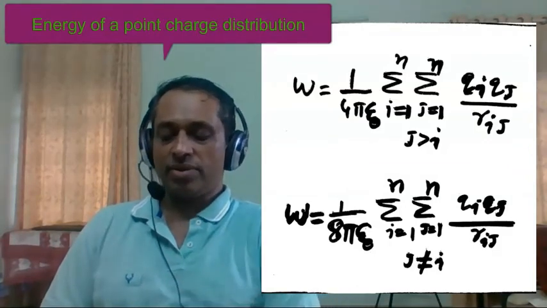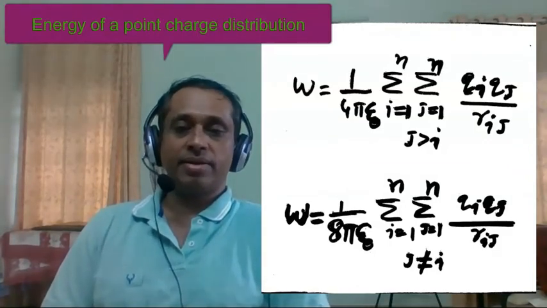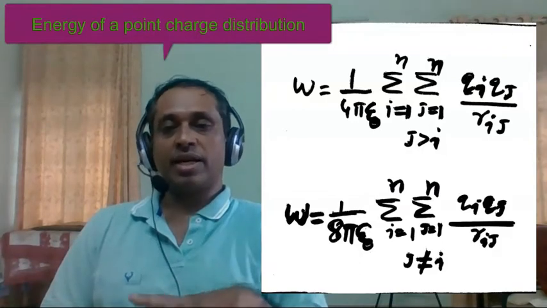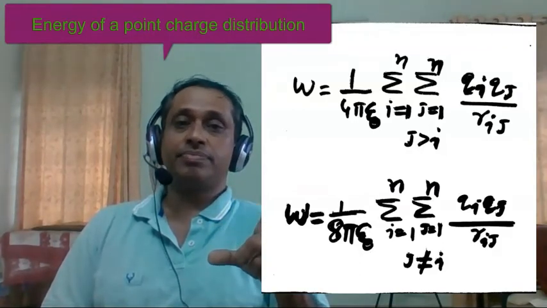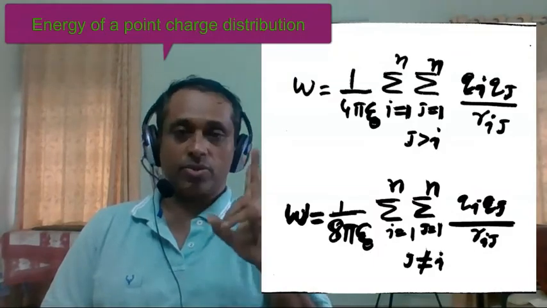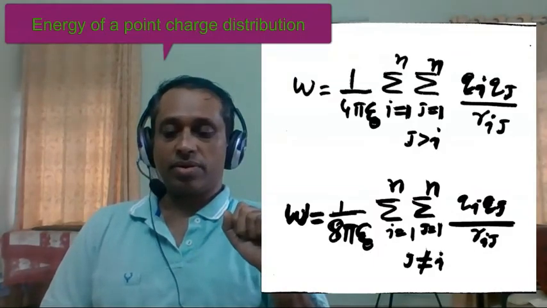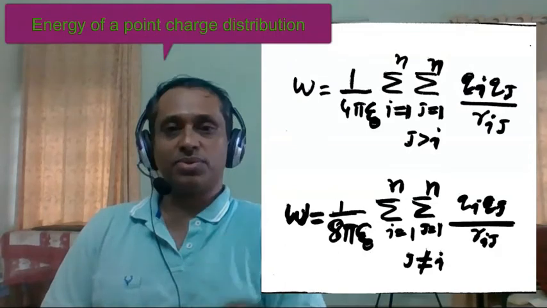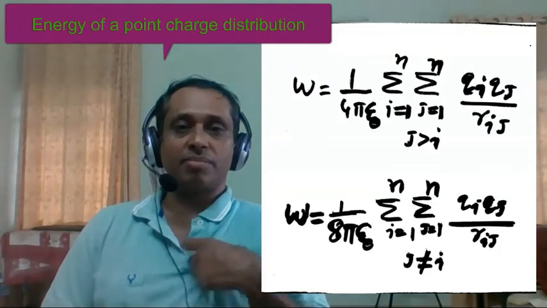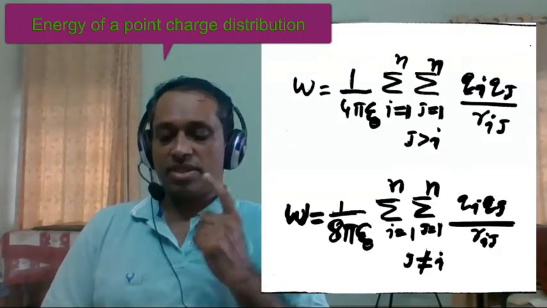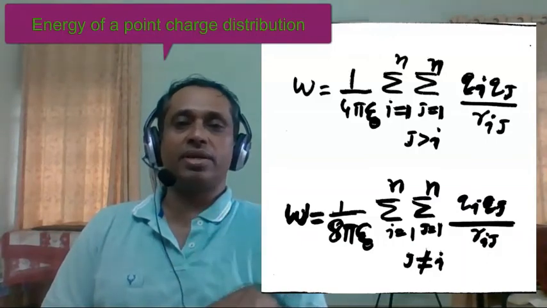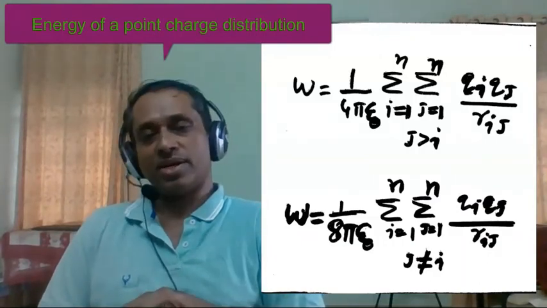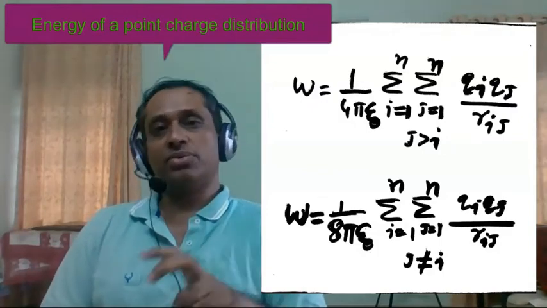And why do we have this j greater than i? If j greater than i is not written there, we will count each pair twice. We will have Q1, Q2, then Q2, Q1 when we take the double summation. So if this condition is not there, we will be taking Q1, Q2 and Q2, Q1, Q1, Q3, Q3, Q1.